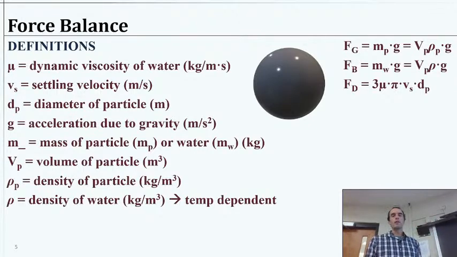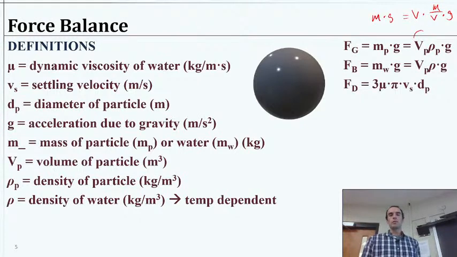So instead of using the mass times the gravity, we're going to say this is going to be the volume times the mass per volume times gravity, right? The density is just mass per volume. So if we take the volume of the particle and multiply it by the mass per volume of particles, that's just giving us mass.